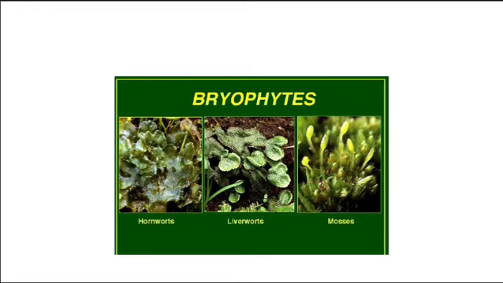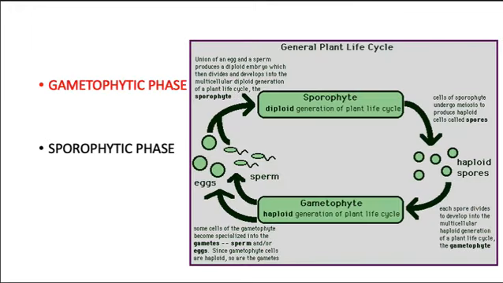Let me first explain that there are two general phases that you can find in the life of a bryophyte. In a bryophyte you have a phase which we call the gametophytic phase.